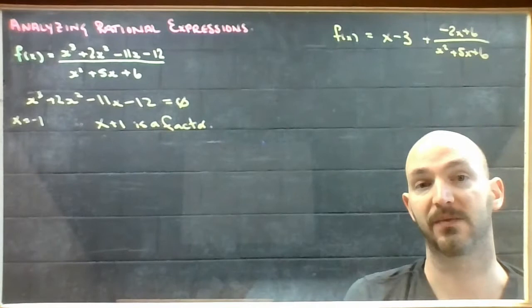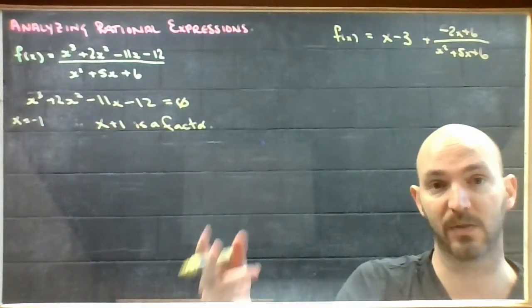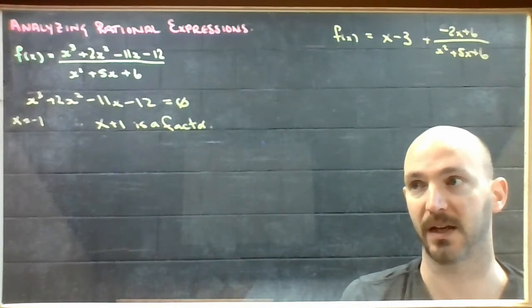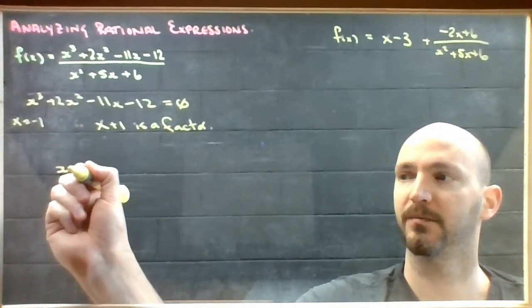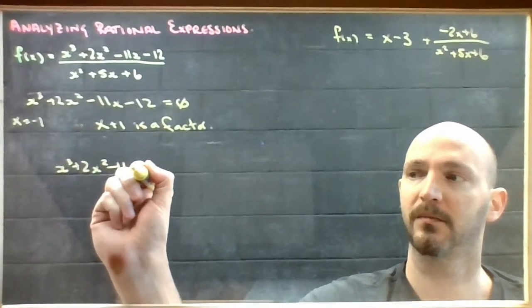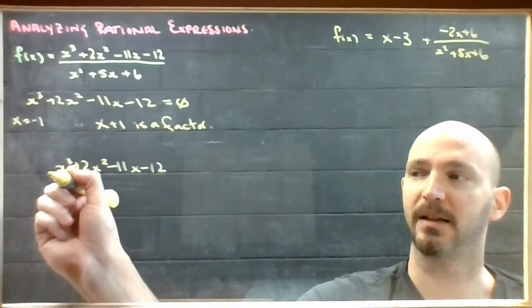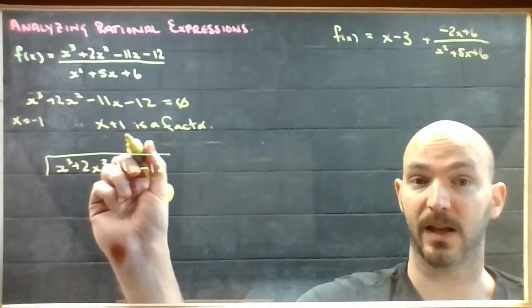So I'm just going to divide that factor out of this cubic so that I can continue splitting the cubic up into little bits. So take my cubic on top, and divide it by this new factor that I'm trying to get rid of.